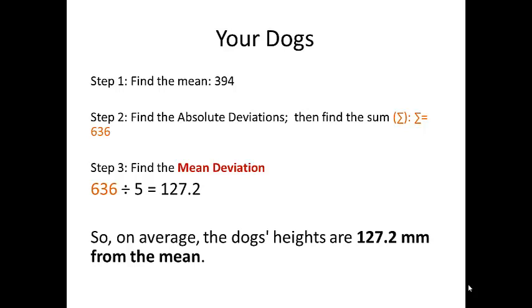So, on average, the dog's heights are 127.2 millimeters from the mean. Remember, that can mean 127.2 millimeters higher than the mean, or 127.2 millimeters lower than the mean, because this is an absolute value application.